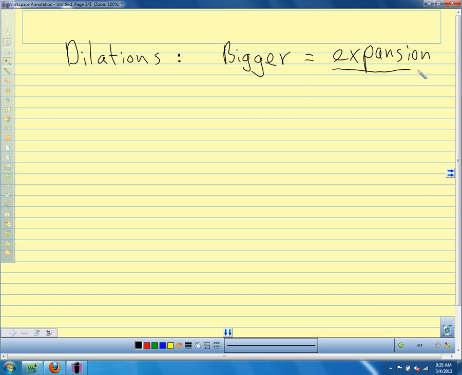So if we do a dilation that makes something bigger, we call it an expansion. And smaller, guys. If we make it smaller, we call it a contraction. And the scale factor tells us whether we have a dilation, or sorry, an expansion or contraction.